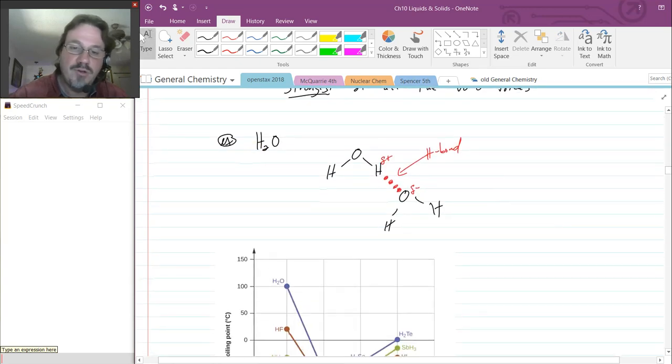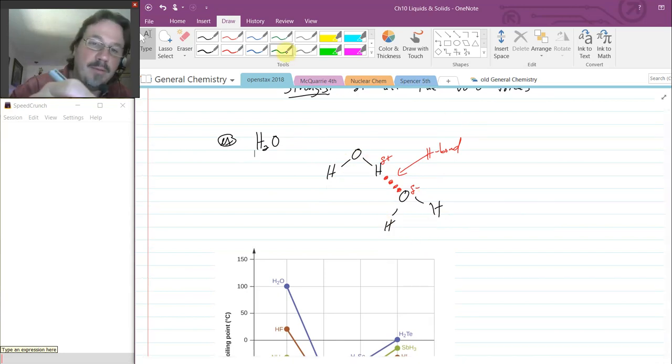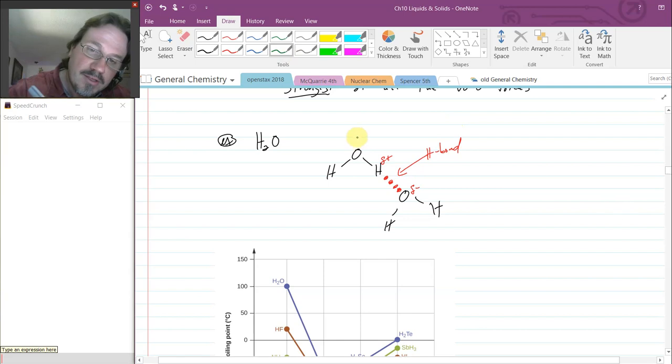Here's a picture that I drew of two water molecules. Notice water does have an H directly connected to an oxygen. So as soon as I see that, I know water is going to have H bonds. Now to get an H bond, of course, I've got to draw a second molecule and see how does that look. Now the dipole here, let me draw this here in maybe green. Here we go. This is the partial negative side because the oxygen is more electronegative, and so the dipole is going this way, right?